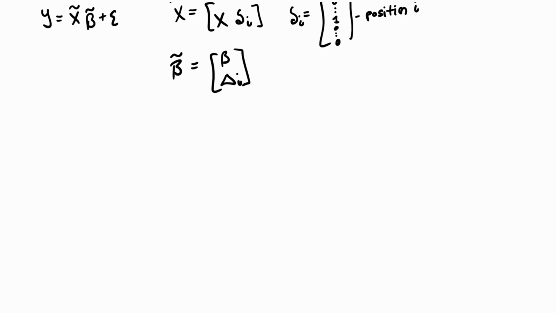Now I could equivalently write my least squares criteria; let's figure out what the MLE is when we just add this extra term. I could write this as the norm of y minus X tilde beta tilde squared. But I could equivalently write that as the summation over i prime of y_i prime minus the summation over k of x_i'k times beta_k, minus delta_i evaluated at the index i prime times delta_i, squared.